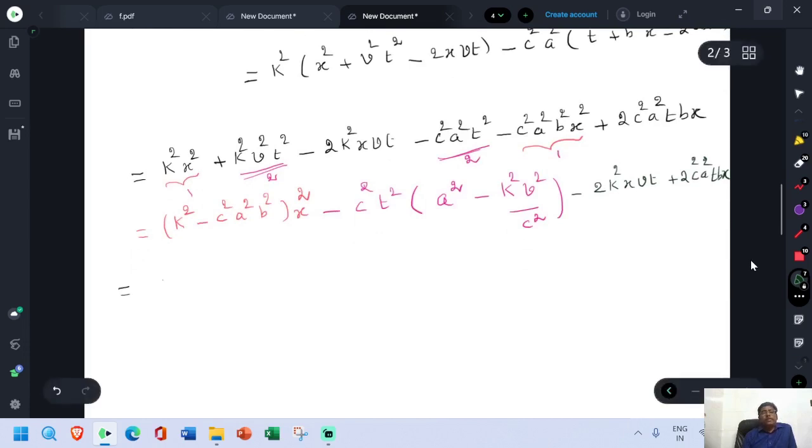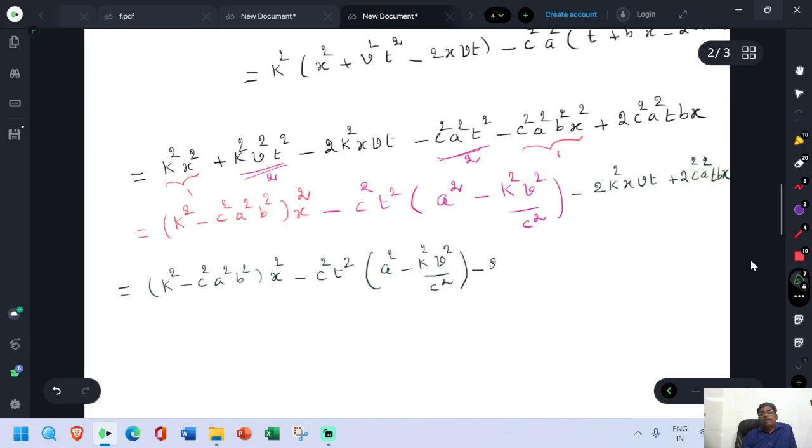This is equal to k square minus c square a square b square into x square minus c square t square into a square minus k square v square by c square.